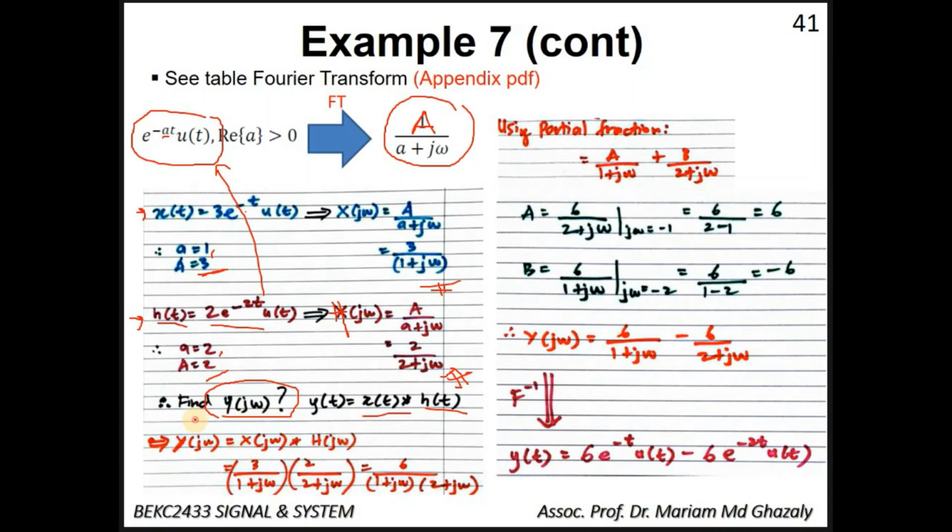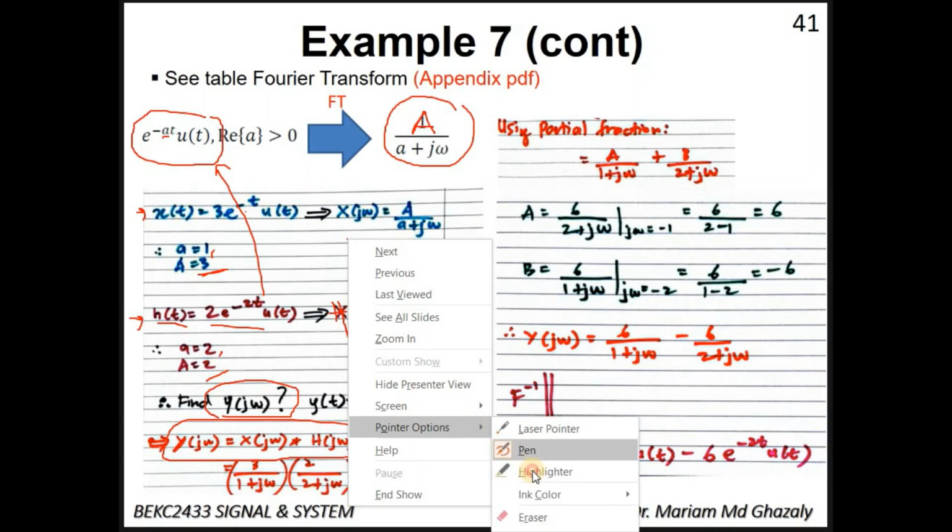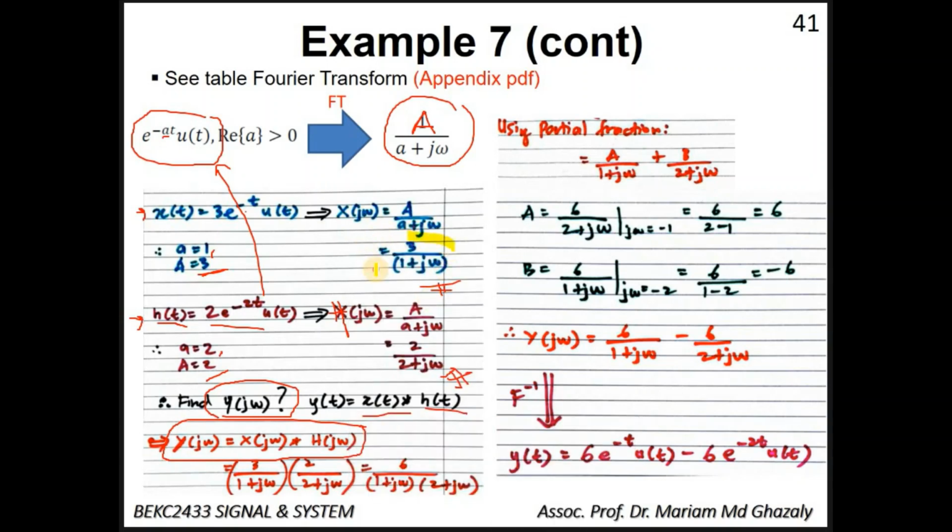By looking at the convolution property, you will have X(jω) times H(jω). So just take out the equations that you have solved just now, 3 over 1 plus jω and 2 over 2 plus jω.